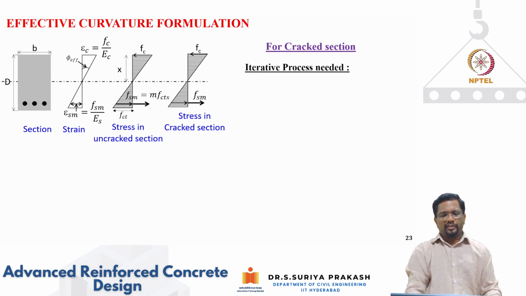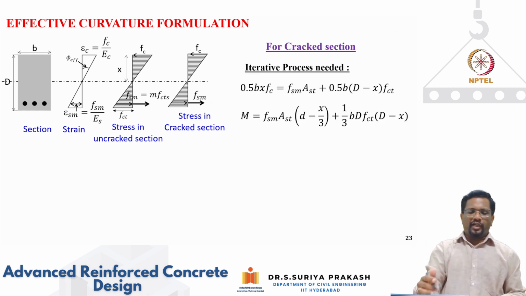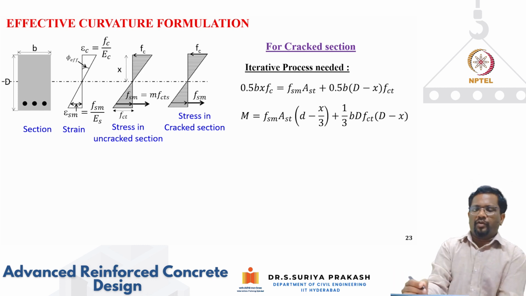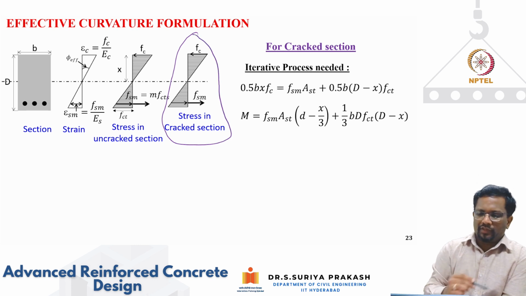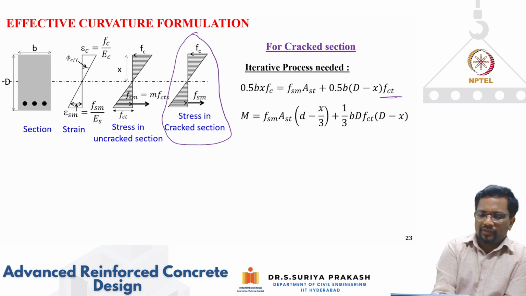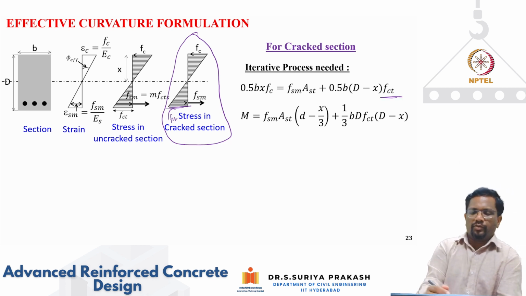Now this is what we said for cracked sections, to calculate your neutral axis depth. Now for the cracked section, we are looking at this case, where again concrete stresses are kept as shown. If you look at it, what would be the compression force?